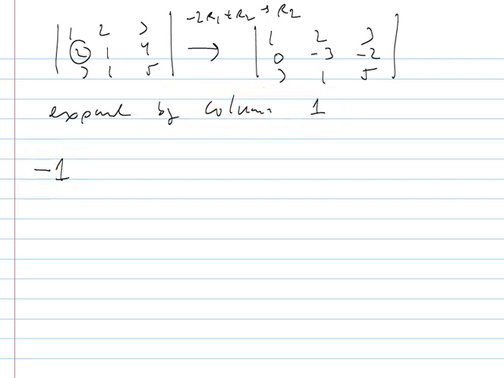Anytime I'm doing an odd column or row, I'm going to alternate plus, minus, plus. So plus 1 minus 0 plus 3. For the 1, if I remove the row and column that 1's in, what remains is minus 3, minus 2, 1, 5.